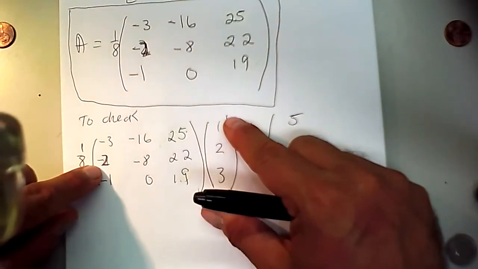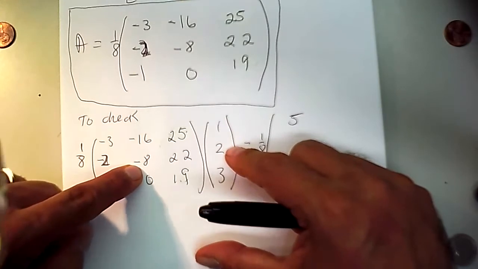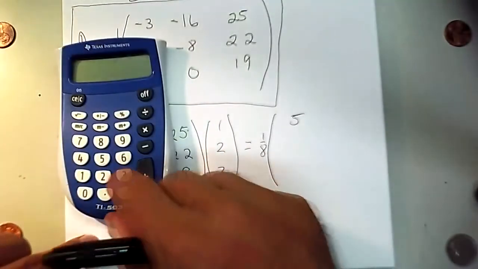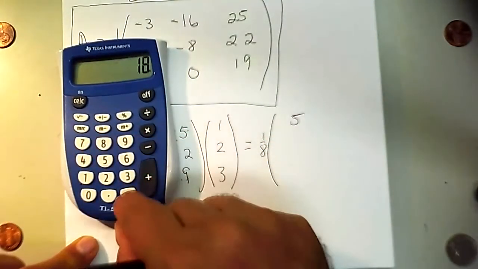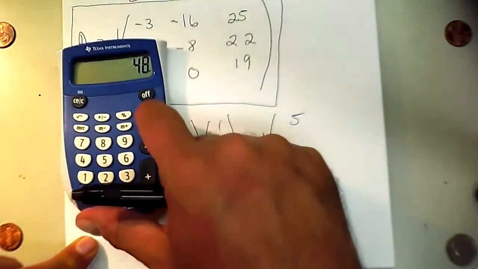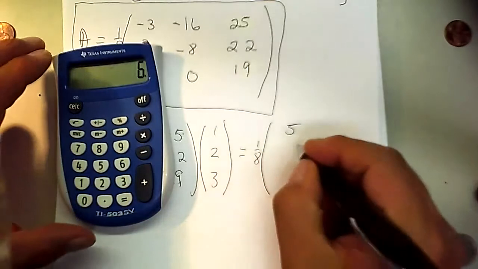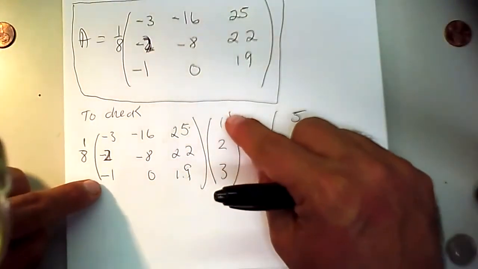Negative 2 minus 16, negative 18 plus 66. 66 minus 18 is 48. Divide by 8, 6. That checks.